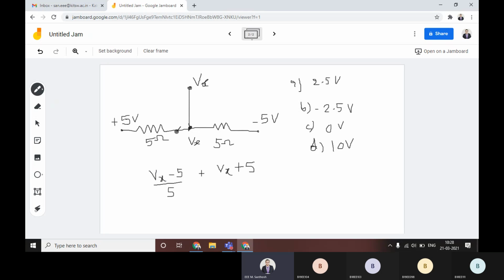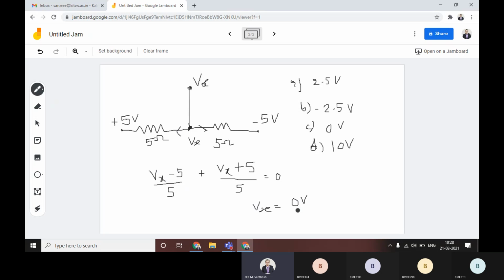Suppose both currents are leaving, and the sum of these two is equal to 0, since there is no entering current. If you take the LCM of 5, this will be equal to 0. Minus 5 plus 5, this is also equal to 0. If you find Vx from this equation, you will get 0 volts. Are you getting this? Simple. You can solve by applying KCL also.